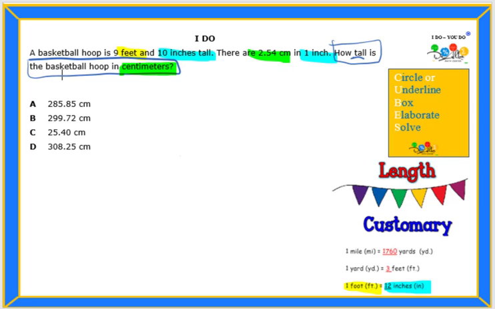So what we're going to do is make a proportion, and we have feet and inches. What I know from this anchor chart, or from my reference sheet, is that 1 foot is 12 inches.